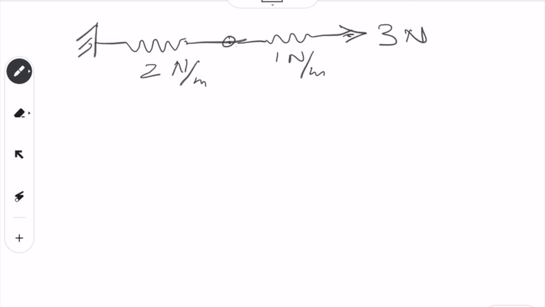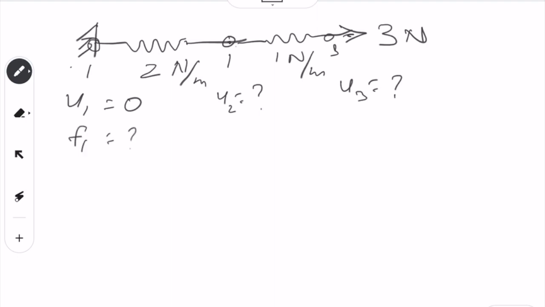Okay. So first, always you start with the node numbering, say node number 1, 2 and then 3. Then you see which things are given. So u1 is equal to 0 because it's fixed, right. u2 we have to find out, and u3 we have to find out. Then f1 we don't know. Either you know the displacement or the force, you cannot know both of them.